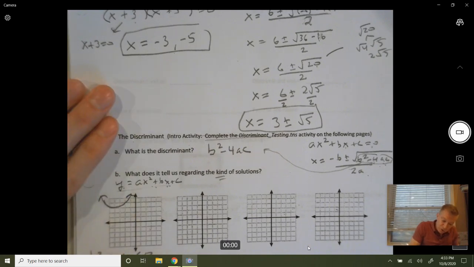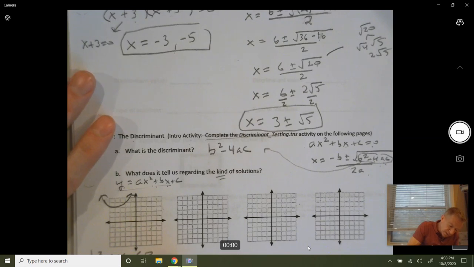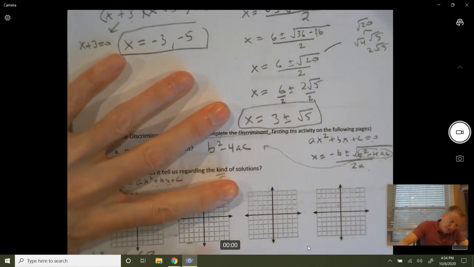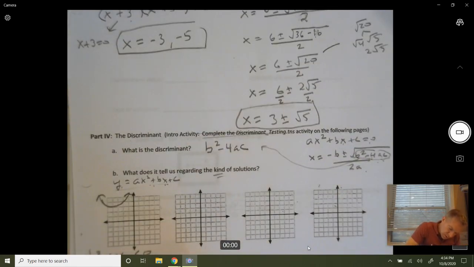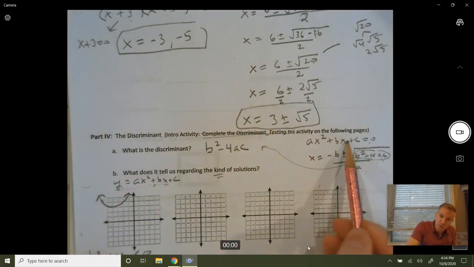You have 2 solutions, but they're 2 imaginary solutions. So we could say no real solutions, but 2 imaginary solutions to this equation, or we could say zeros to this graph or this parabola, or solutions to this equation where we've set it equal to 0.